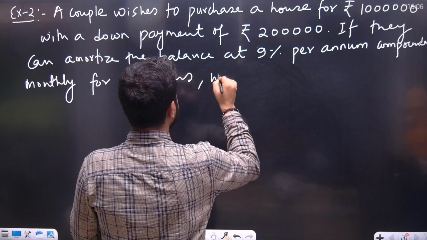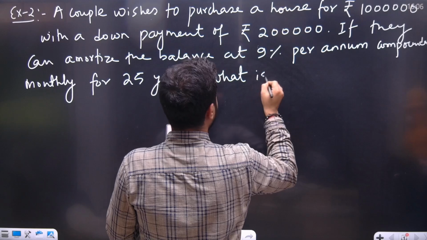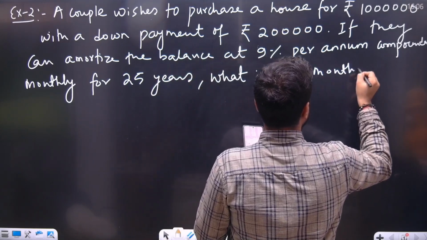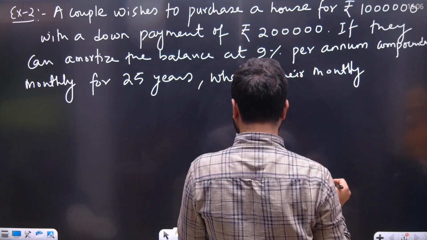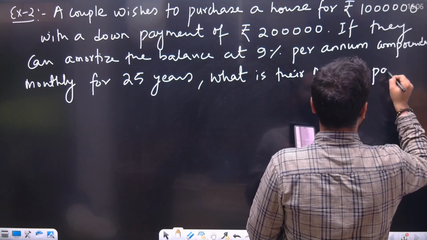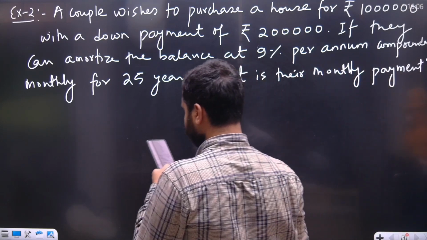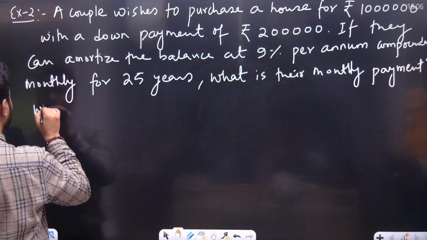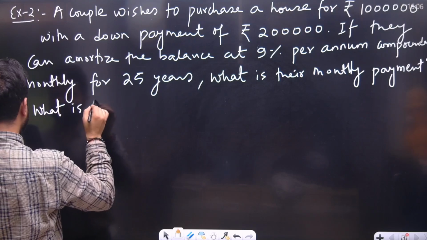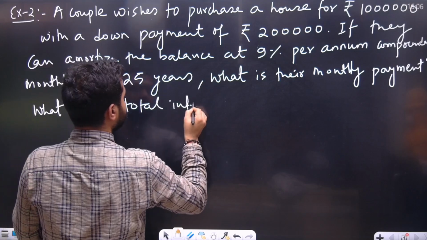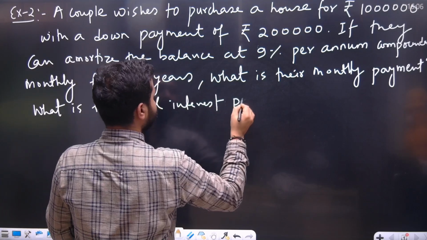What is their monthly payment? Monthly payment means what is their EMI. Okay. And also what is the total interest paid?